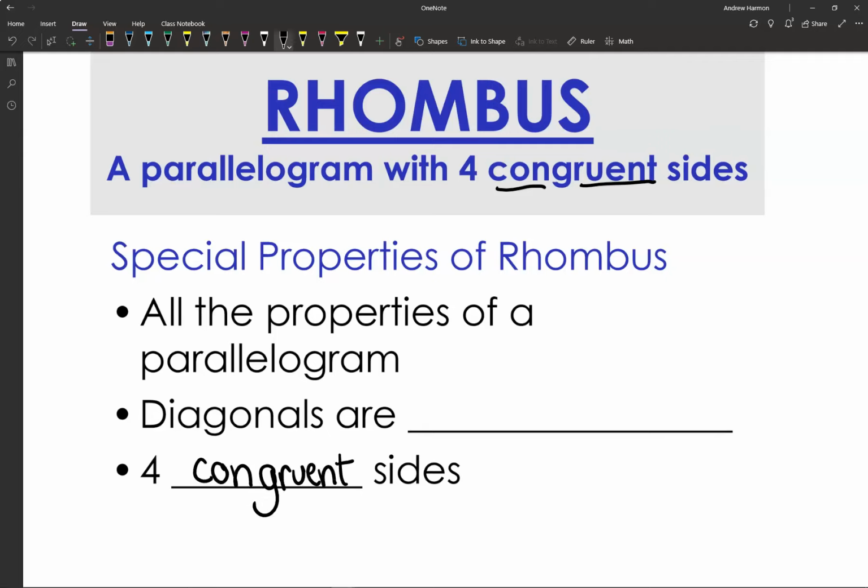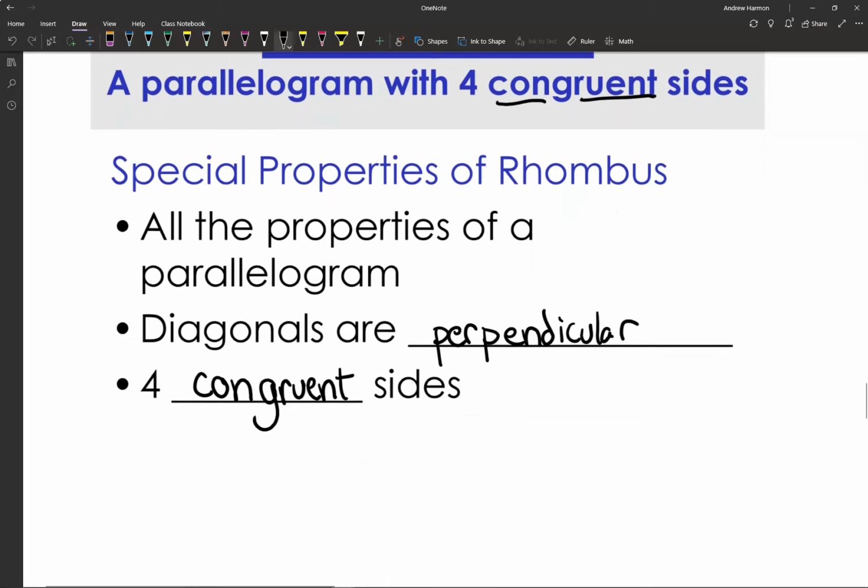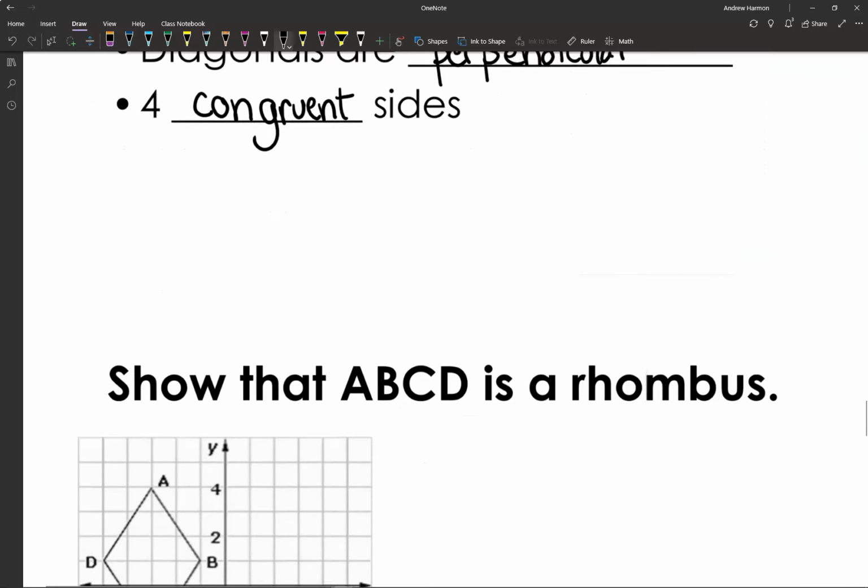One other neat property is that the diagonals are always going to be perpendicular to each other. Okay, so let's look at our rhombus. The key feature being that it has four congruent sides.